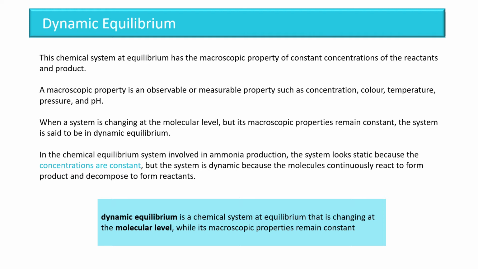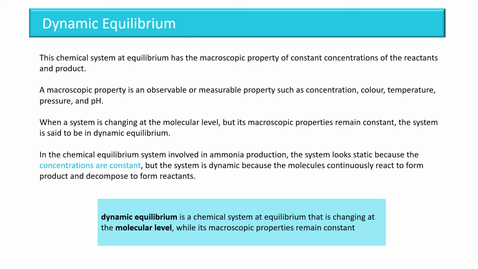When the system is changing at the molecular level, but its macroscopic properties remain constant, the system is said to be in dynamic equilibrium. In the chemical equilibrium system involved in ammonia production, the system looks static because the concentrations are constant, but the system is dynamic because the molecules continuously react to form products and decompose to form reactants.